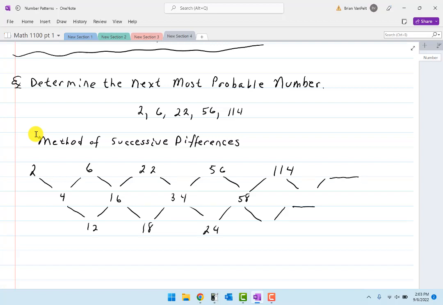And I think I'm able to now. Watch. If I know the next amount is going to be 30, now if I work backwards, 58 plus 30 is 88. And then if I take 114 plus 88, I end up with 204, and that's the number I'm looking for.